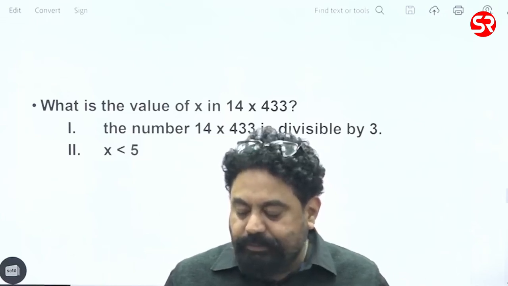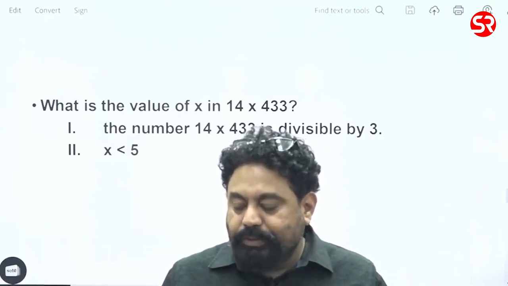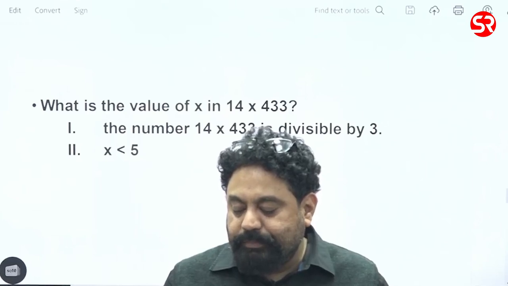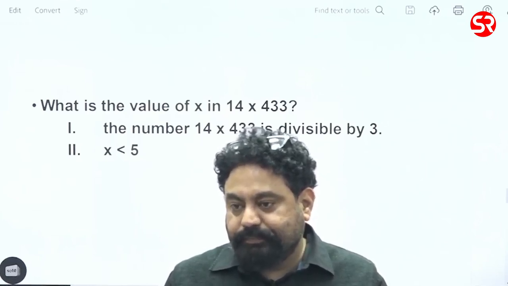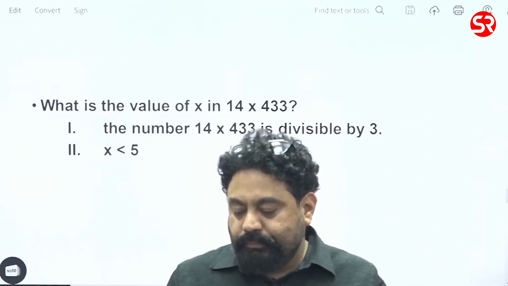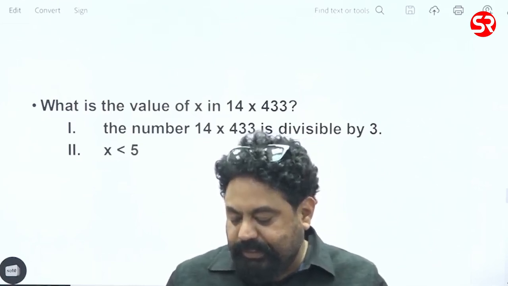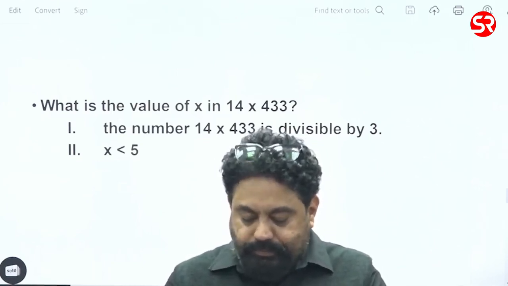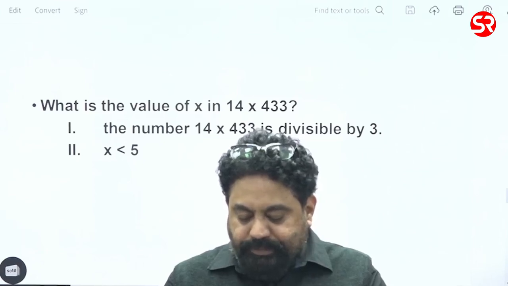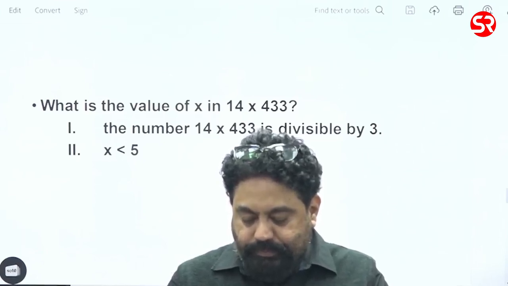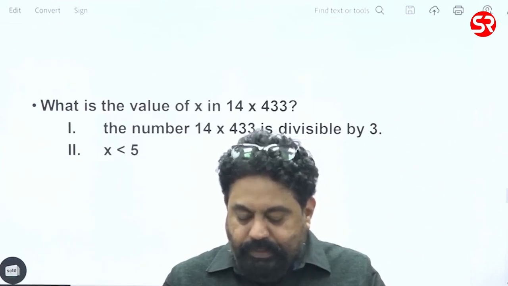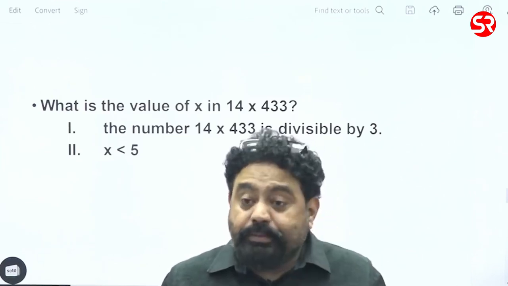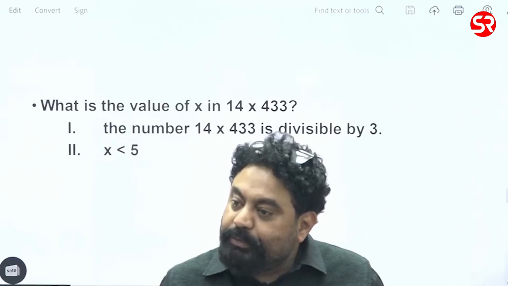So if you combine them, now you just need to check it. 1050, is it divisible by 73? Check it. Is it divisible by 37? No. By 55? No. Yes, by 35 it will be, but 3 plus 5 is not equal to 10.